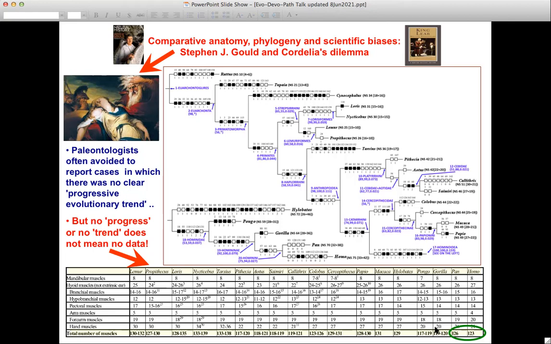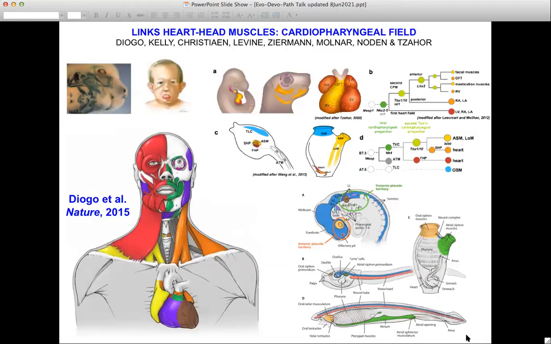But as you can see here, humans have fewer muscles and fewer bones than most primates. So changing more, but actually losing more. We're not getting more progressive or more complex anatomically. Again, we are more simplified. So there is no progress, no trends of this kind.